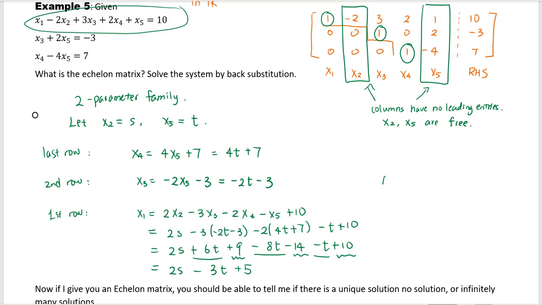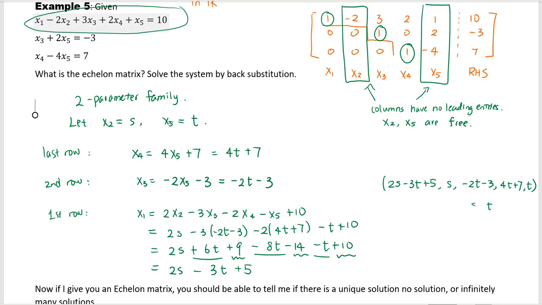Alright, so let's express it in coordinates. x1 is 2s minus 3t plus 5, x2 is s, x3 is minus 2t minus 3, x4 is 4t plus 7, x5 is t.